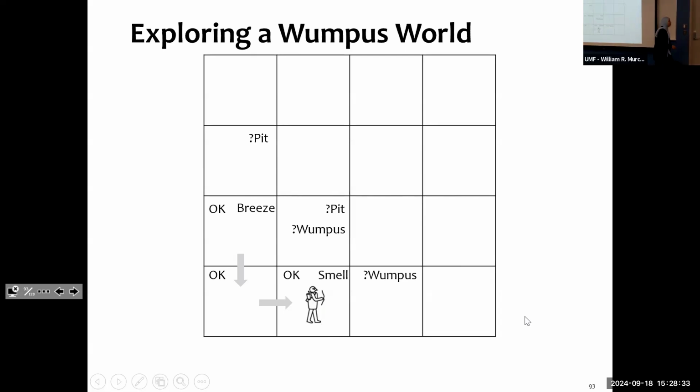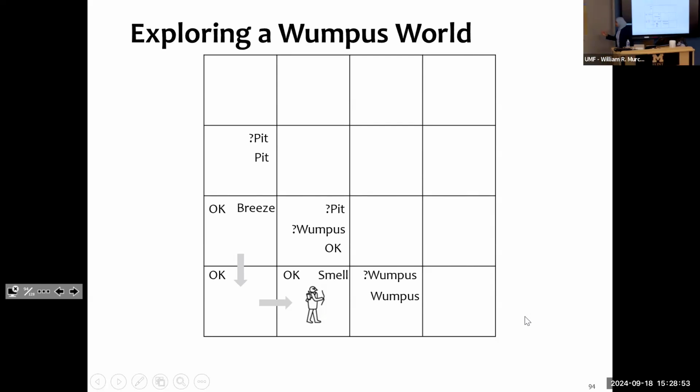In this case, what do you suggest to the agent? Go up, or shoot to the right. Is it possible to have both a pit and a wumpus? No. So it's okay to go up. And if here it's okay to go up, it means there is no problem here.